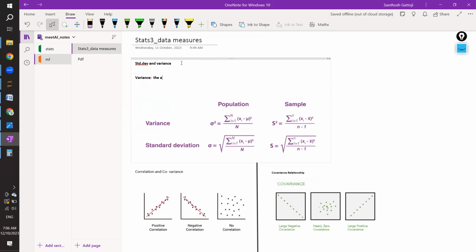Variance is the average of the square differences from the mean.